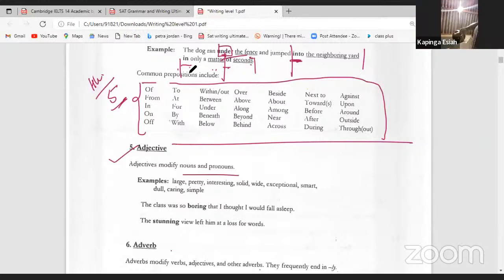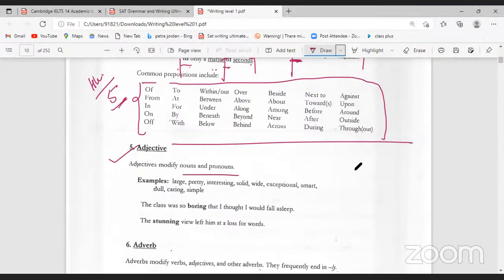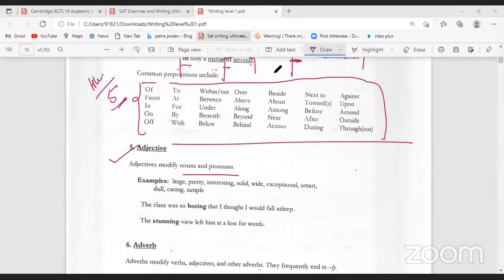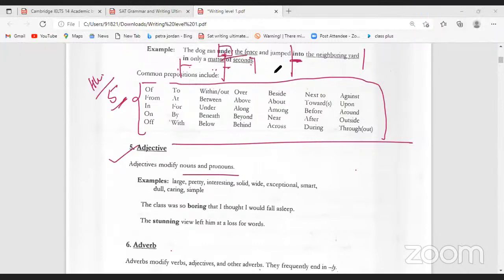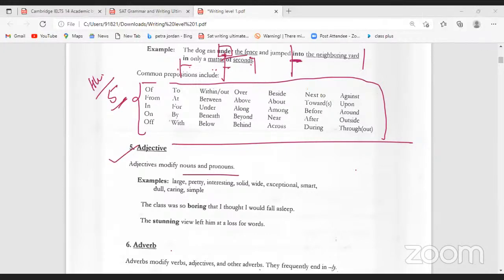Ma'am, yes, speak. Ma'am, I would recommend you to mute everyone, and if any doubt is there, you can check the chat box, because there are students asking so many questions in the chat box. Yes.